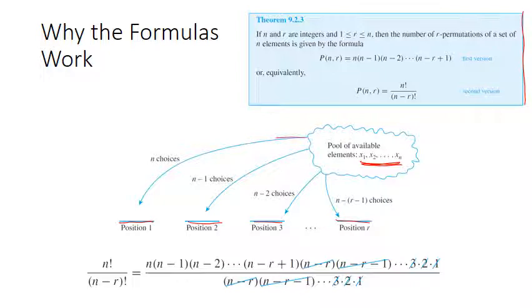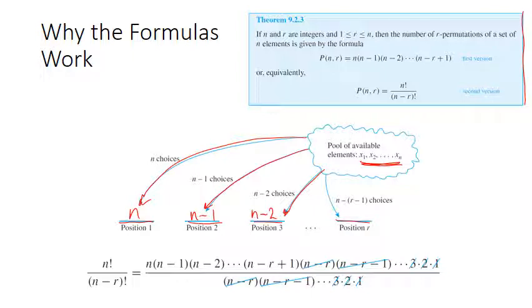And so for the first element, you have n choices, because you can choose any of those n things that are in your pool. So this will be n right here. Okay, and then for your second element, you have n minus 1 choices, because you've already taken one thing out, so you only have n minus 1 things left in there. And then for your third element, you have n minus 2 choices, because that's how many elements would be left in your pool.